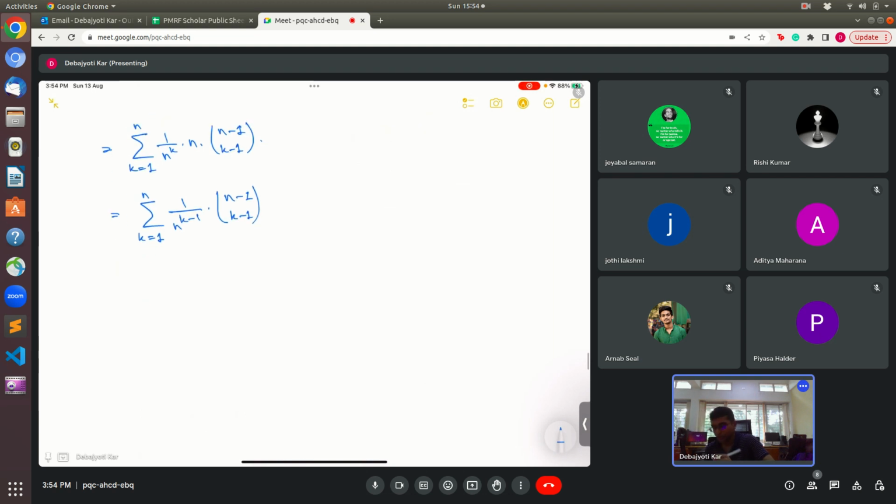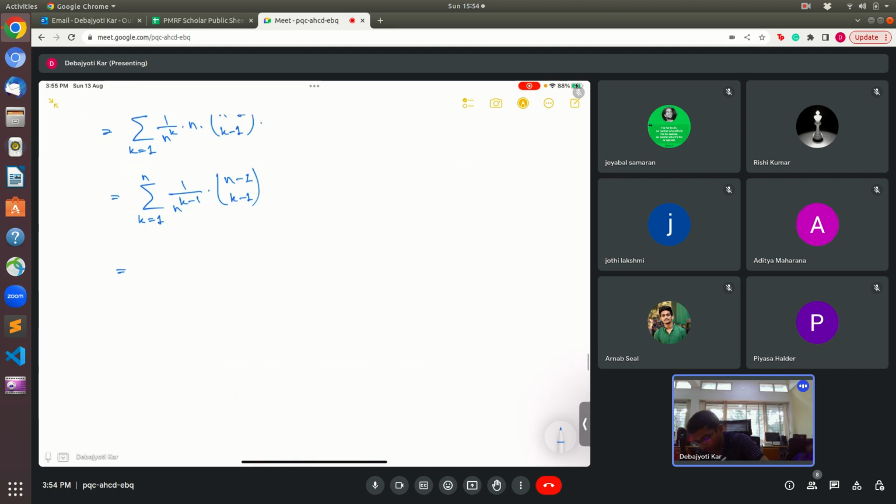Okay, so now if we just replace k by k minus 1, so notice that here in the summation k goes from 1 to n. Now when k is equal to 1, what do we have? We have 1 by n to the power 0 times n minus 1 choose 0. So what we can do is we can instead write the summation in this form.